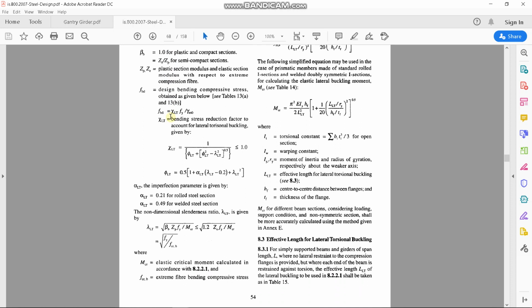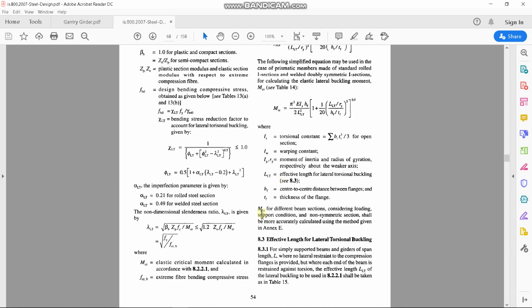So obviously in this case you are going to first calculate Mcr as the expression is given here. However, this is given for only rolled steel sections. In this case we are using a built-up section where an I section is there, and on top of it a channel section is placed.